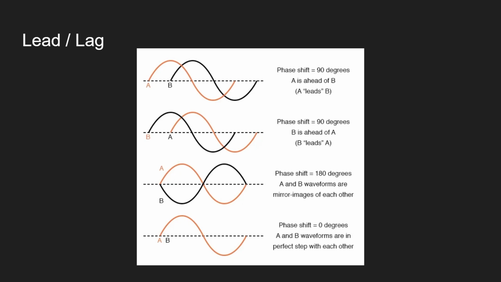So we call it a lead by 90 degrees. The voltage leads the current by 90 degrees. If it is faster, we call it lead. If it is slower, we call it lag. So lead and lag are actually the same thing, but one is about faster, one is about slower. You can put all the things in reverse.